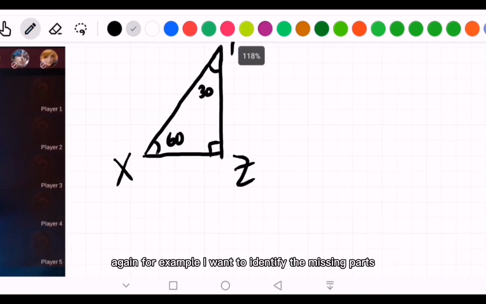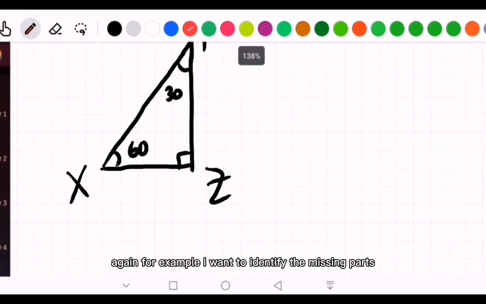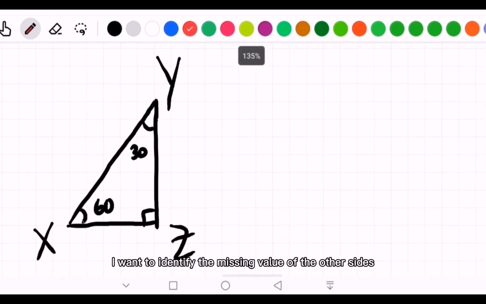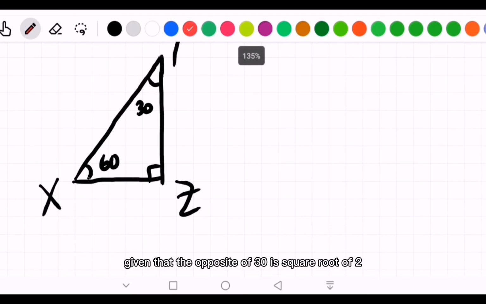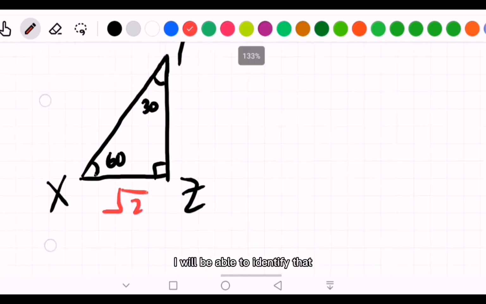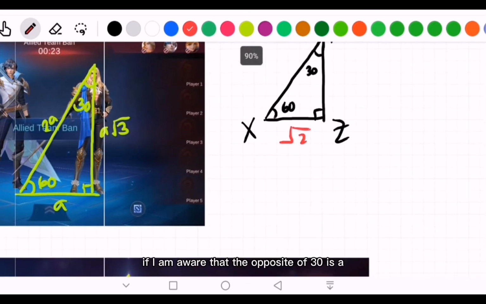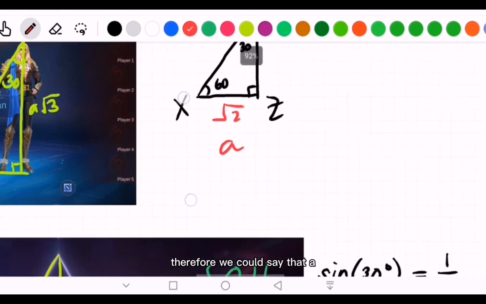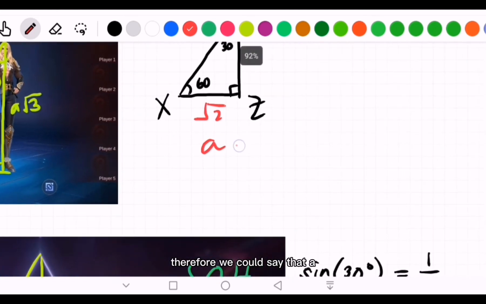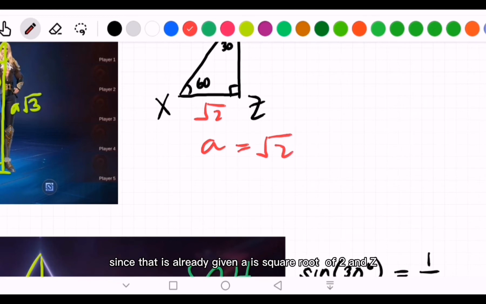Alright. Again, for example, I want to identify the missing part. For instance, I want to identify the missing values of the other sides given that the opposite of 30 is square root of 2. I will be able to identify that if I am aware that the opposite of 30 is a. Therefore, since that is already given, a is square root of 2.